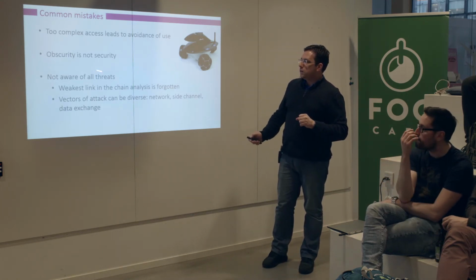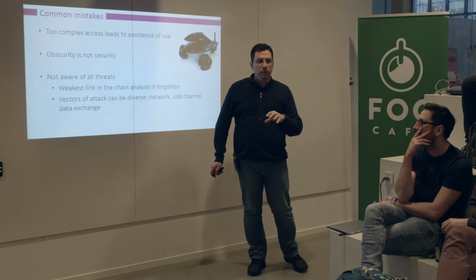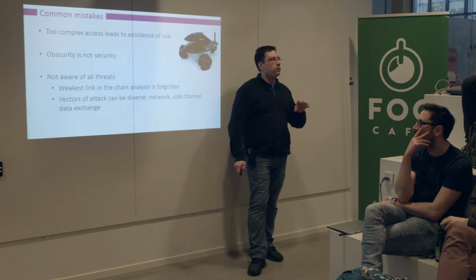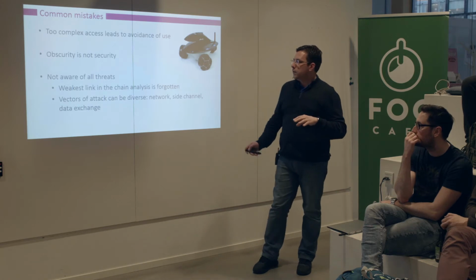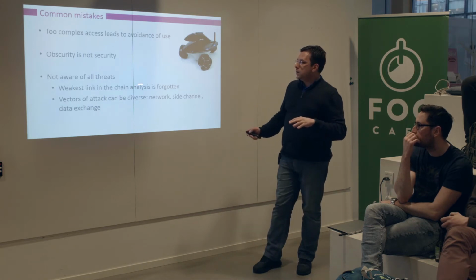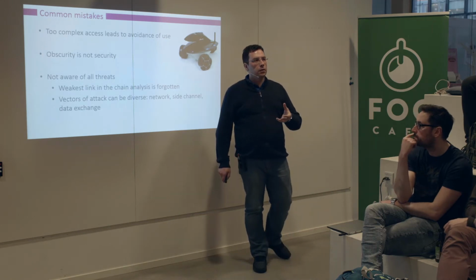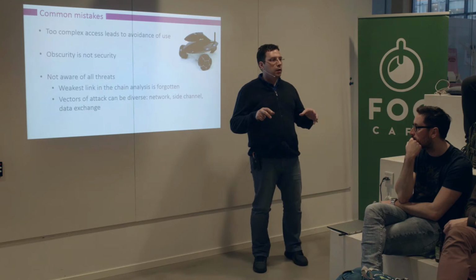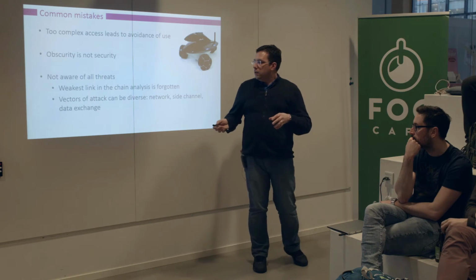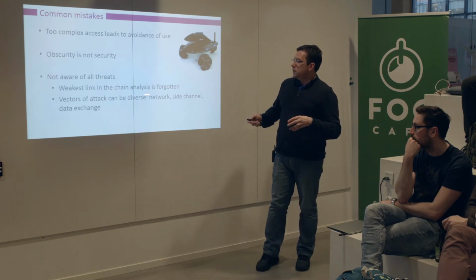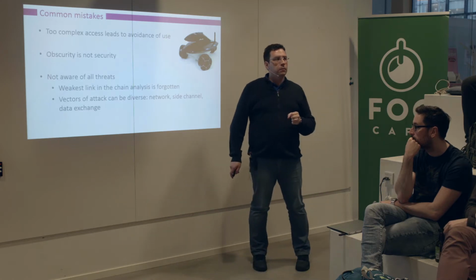In many cases, we are not aware about the threats. So when we establish a security mechanism, we have to take care about all the aspects and all the possible ways how our system will be attacked. Because the weakest link in the chain is the one which is usually broken, meaning that whenever we make a system, we have to think about all the details and about all the links within our system. Same goes with analysis of what kind of attack vectors are used in order to break our solution.